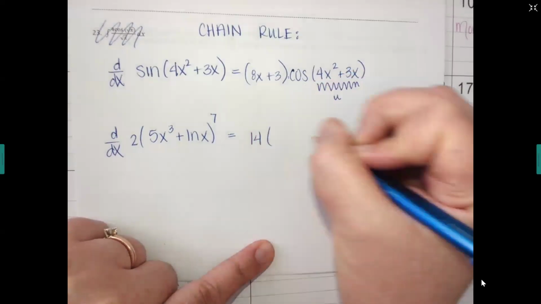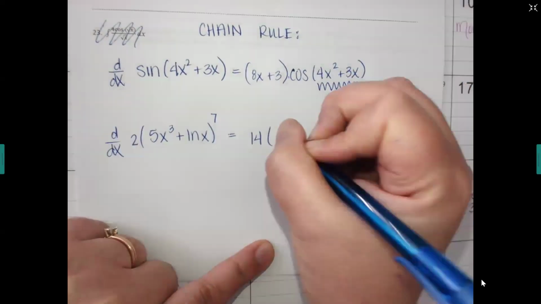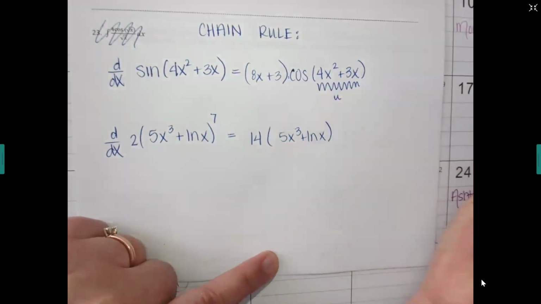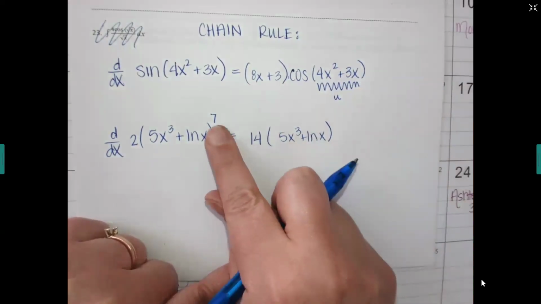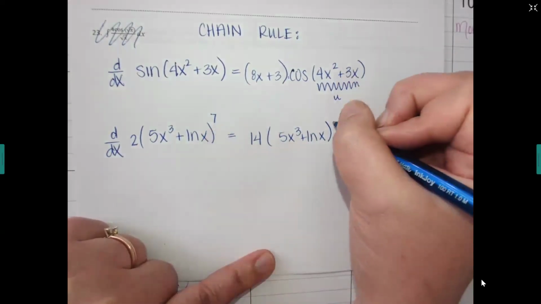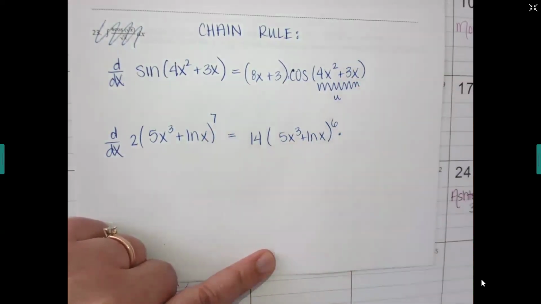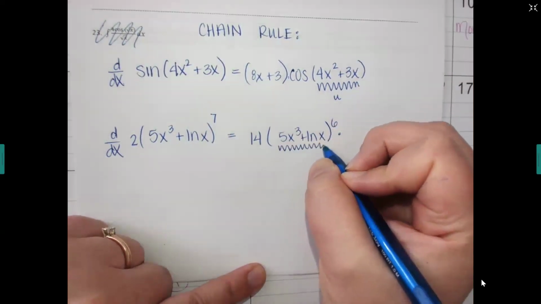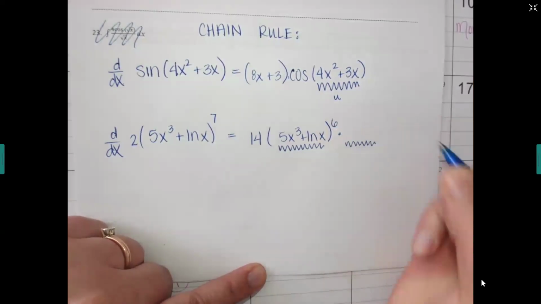And then remember, my core stays the same. But then what do I do to the power when I take a derivative? Minus 1. So my 7 power will drop down to a 6 power. And then I would take whatever the core is, and I would multiply its derivative behind it.